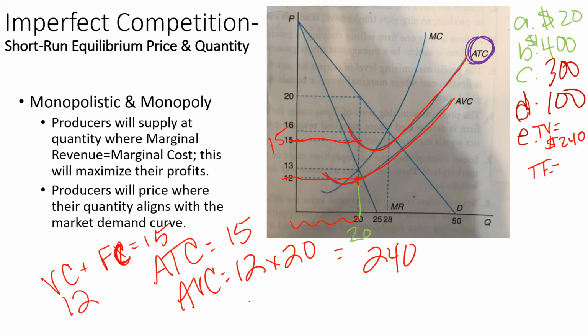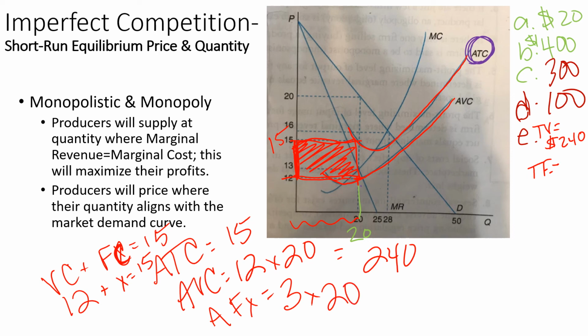So variable cost is 12 plus X equals 15, and that's a difference of 3. So our average fixed cost is 3, the difference here, times our 20 units. So our total fixed cost is $60, which makes sense because our total costs are 300.